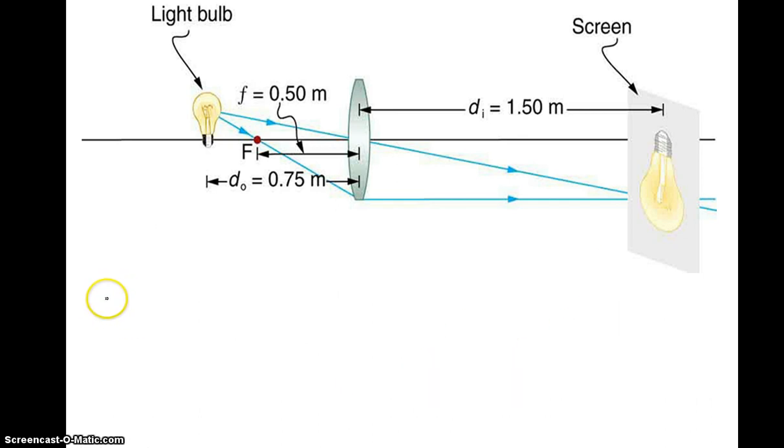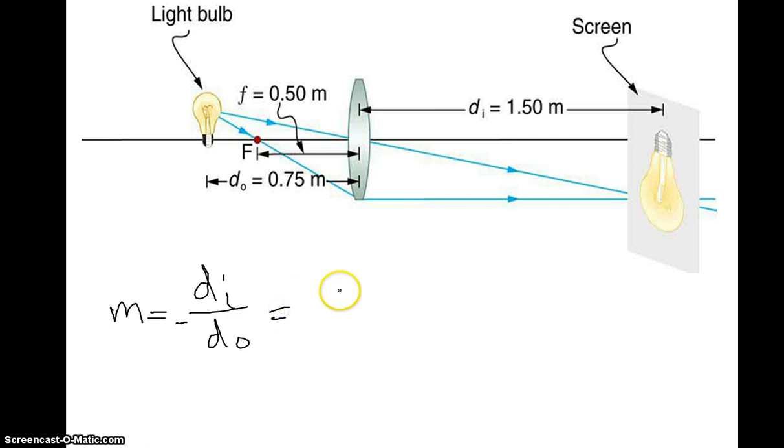The next formula we had was to look at the magnification. Well, you can already look at the picture and see that the image is larger than the actual object, but we're going to actually calculate that. And one way to calculate that is to take the distance of the image and divide it by the distance of the object. Now there's a negative sign in front of it, and so we'll talk about that in just a second.